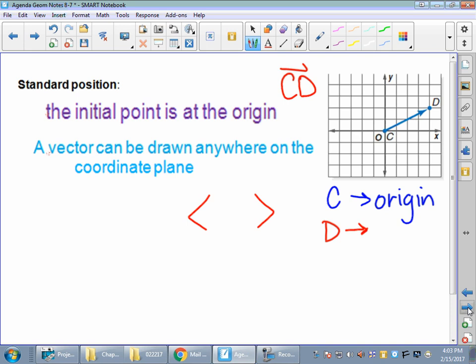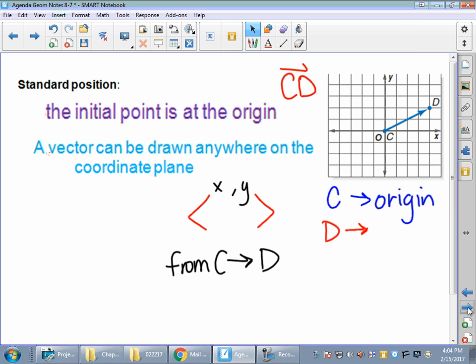And we're still going to think in terms of x first and y second, but now we're saying from C to D, how far do you go in the x direction? How far do you go in the y direction? So you're going to look at this pretty quickly and say, all right, for C, I go 1, 2, 3, 4, and then I'm going to go up 2. So the component form for vector CD is <4, 2>. So start at C, your initial point, and go to D, your end point.